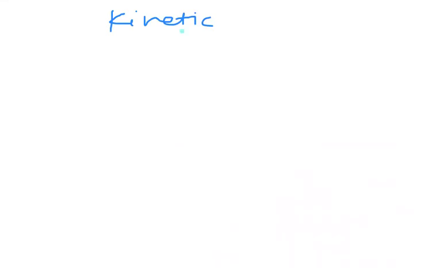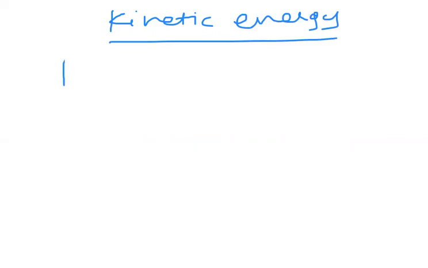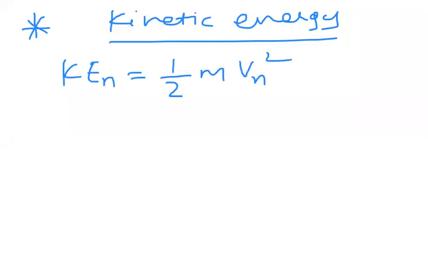What is the kinetic energy of electron in nth orbit? I want that. Kinetic energy means half m Vn square, where m is the mass of electron and Vn is the speed of electron. Just now we noticed Vn is equal to Z e square by 2 n h epsilon naught.